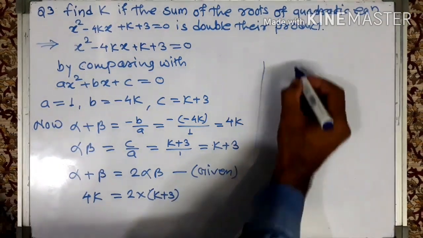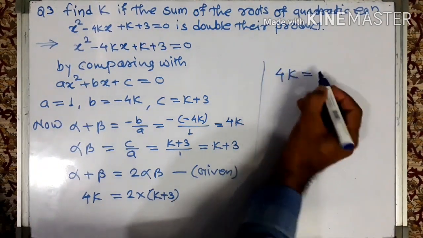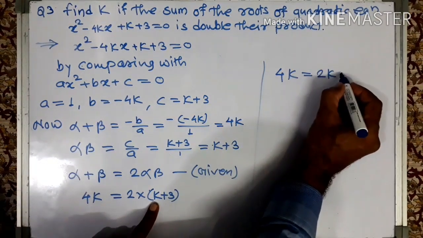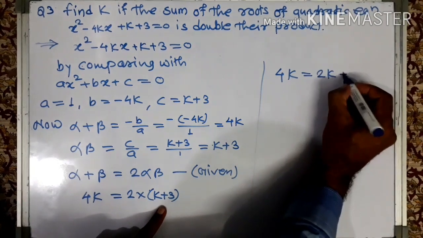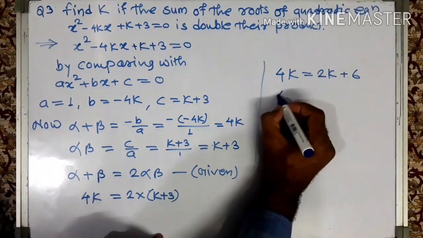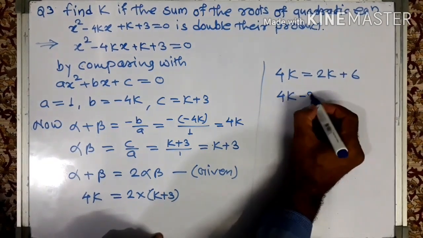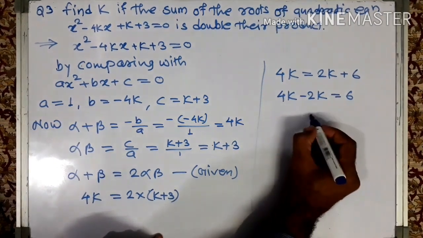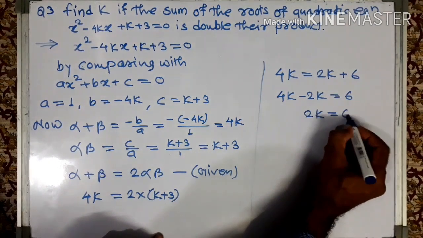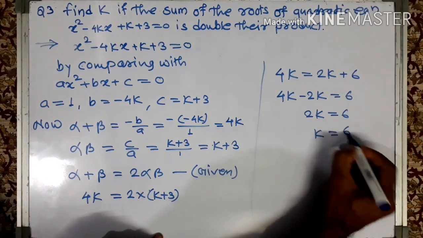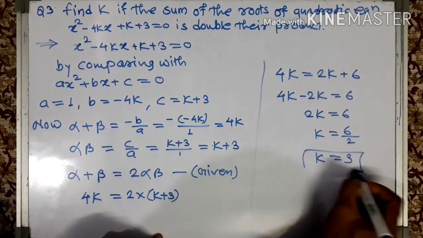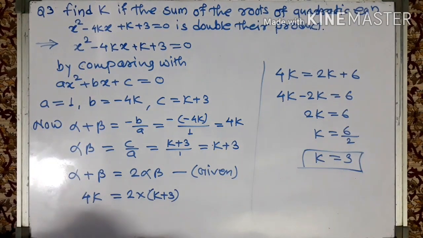Now by simplifying it, 4k equals 2 into k is 2k plus 2 3s are 6. 4k minus 2k equals 6. 4k minus 2k is 2k equals 6. k equals 6 upon 2. Value of k is 3. So we have found the value of k.